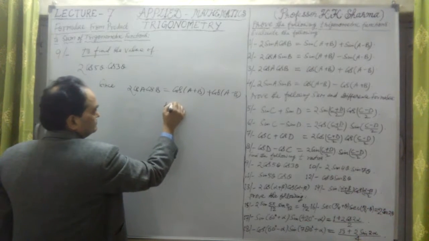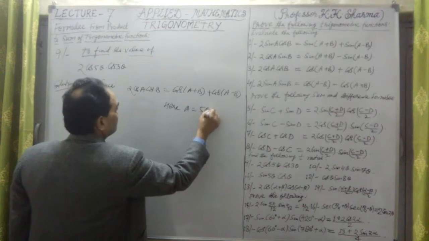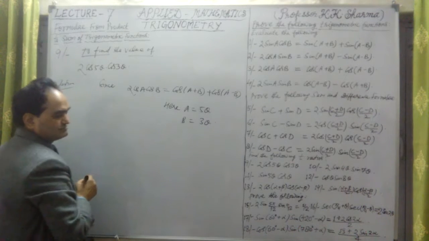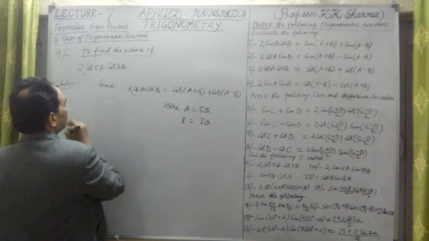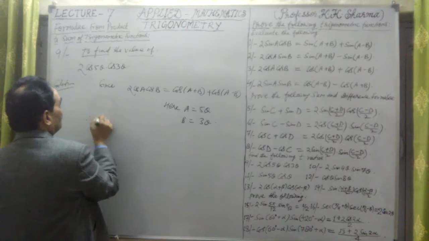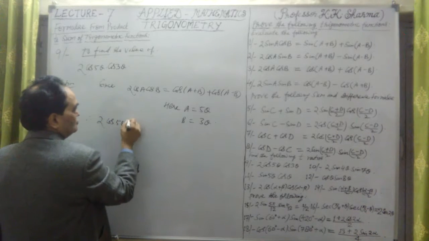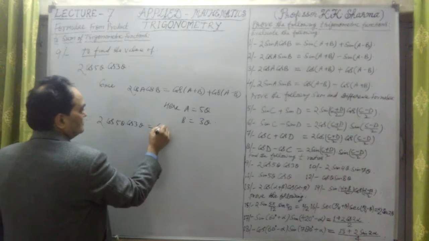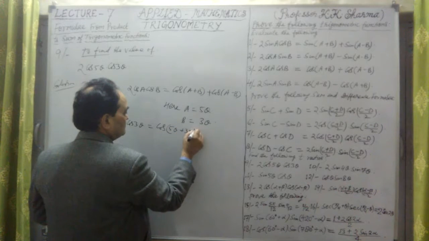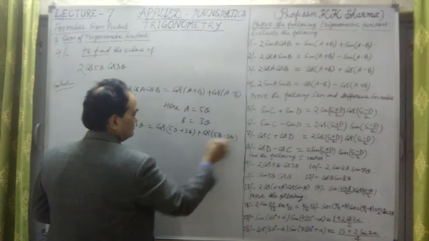Here A is equal to 5 theta, B is equal to 3 theta. Therefore, twice cos 5 theta into cos 3 theta is equal to cos (5 theta plus 3 theta) plus cos (5 theta minus 3 theta).